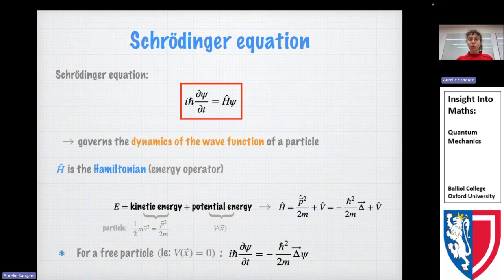And so this we can integrate and get psi at any time t, and so this allows us to determine at any time the quantum state of your particle.